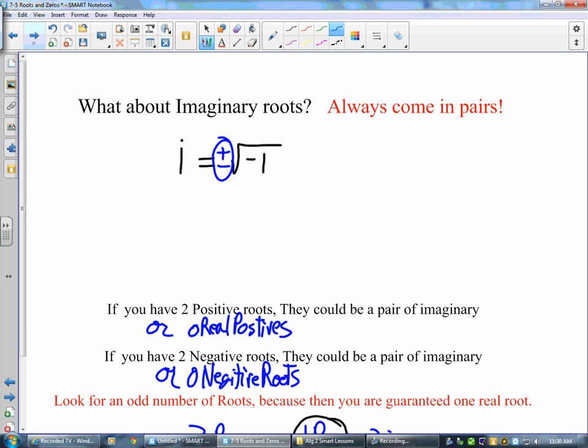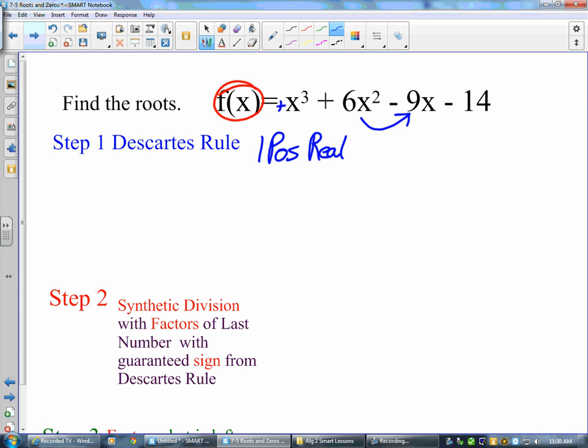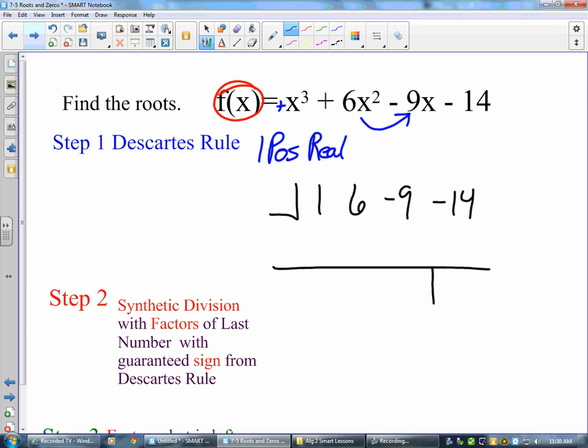So then what we're going to do is try next to use synthetic division. So 1, 6, minus 9, minus 14. And we are going to try the factors of this.